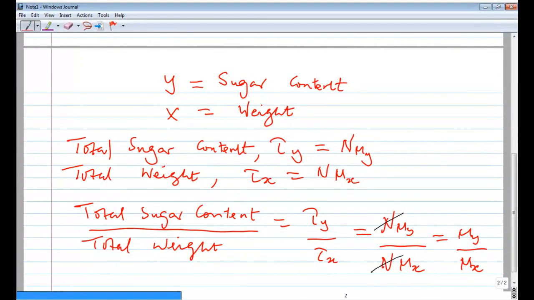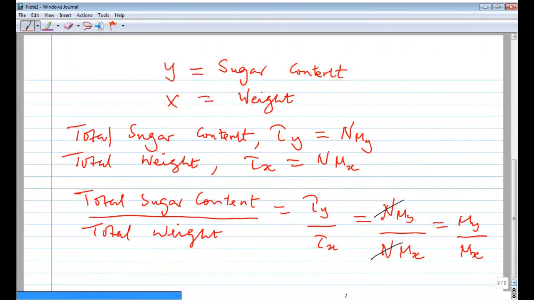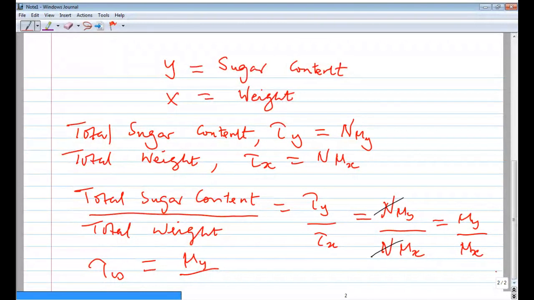Now, if you want to find the total sugar content, what do we do? In this case, let's say we are interested in the total sugar content. So you are going to have tau y.